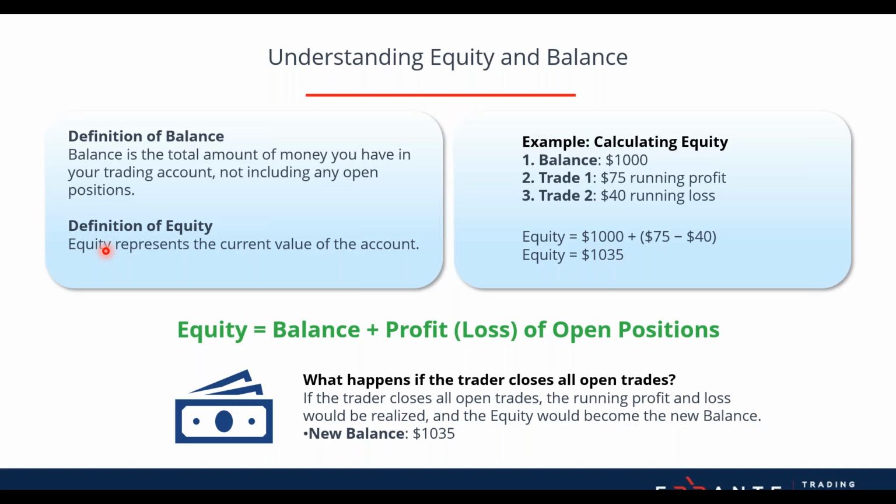It includes your balance plus the profit and loss of your open positions as well. For instance, with a balance of $1,000, a running profit of $75, and a running loss of $40, your equity would be $1,035. If you close all open positions, your equity becomes your new balance.